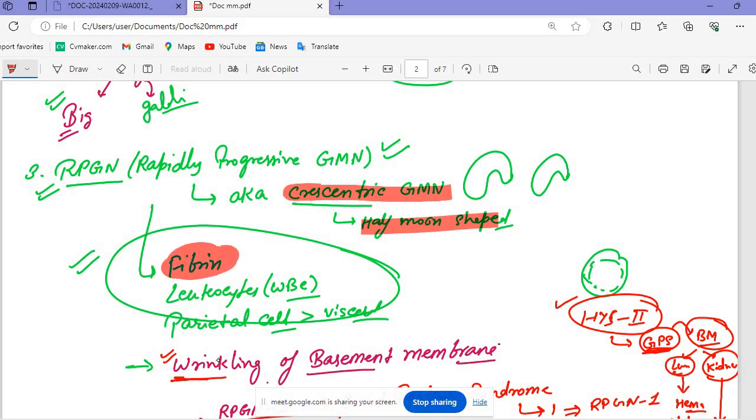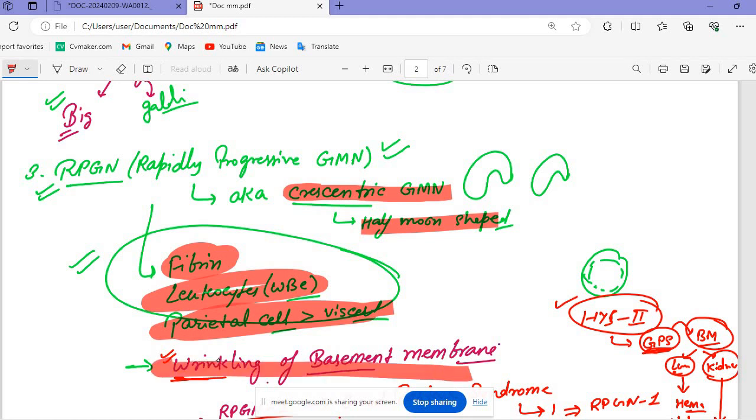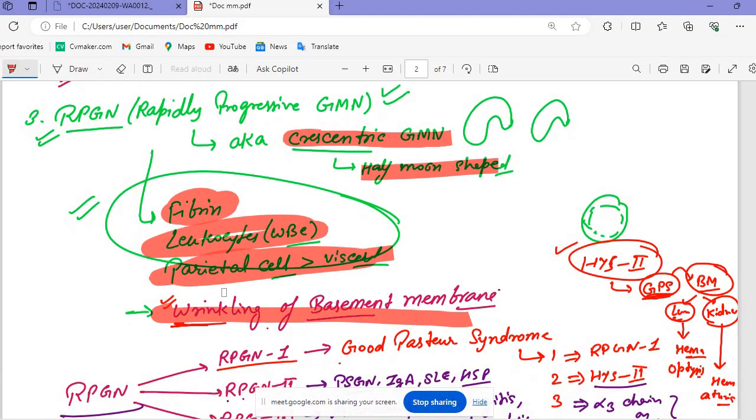If you are getting fibrin, leukocytes, or parietal cells more than visceral cells as keywords in the questions, or a ruptured or wrinkled basement membrane, since there is damage of the basement membrane, you need to think about rapidly progressive glomerulonephritis.